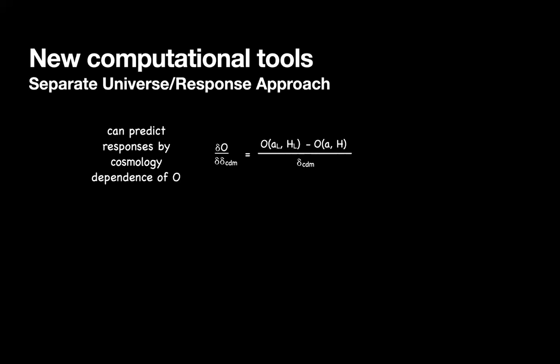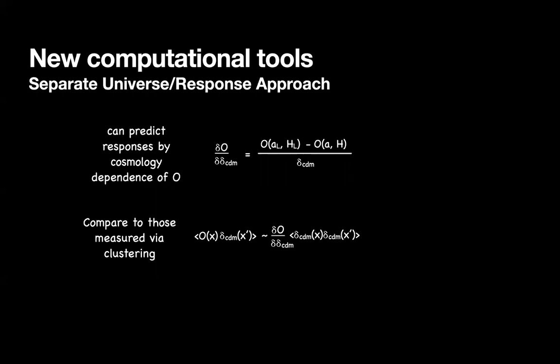And this is useful because then I can predict these responses or the bias factors of these observables by comparing what the observable looks like in the cosmology in the over or underdense region, with the modified scale factor and Hubble rate, compared to the observable in the global universe. So if I have a way to compute this observable for different cosmologies, then I can compute the response straightforwardly.